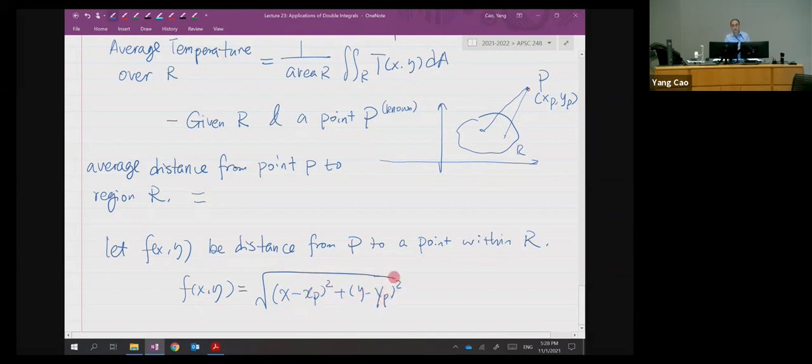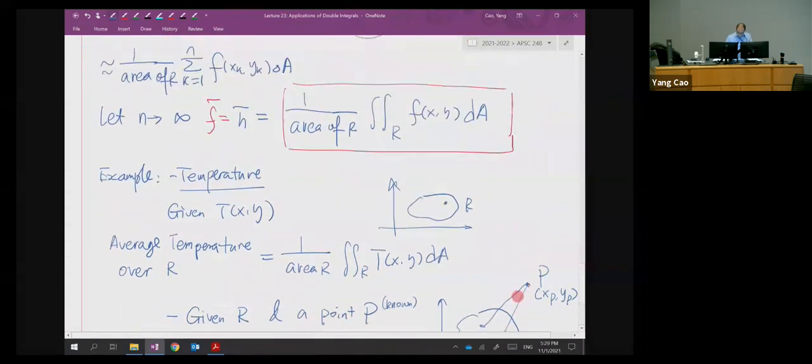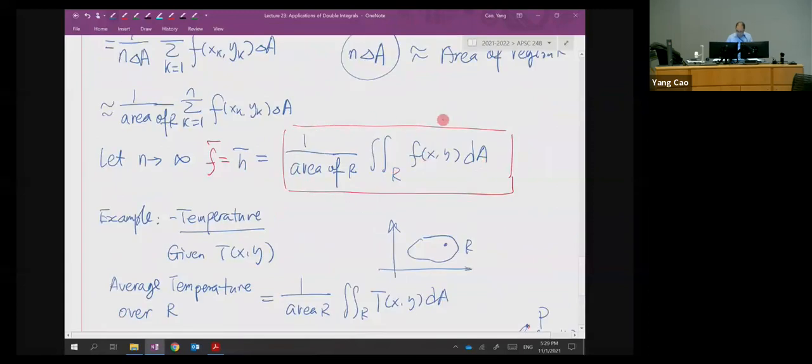That's how you calculate the distance between two arbitrary points. Now, if you're trying to get the average distance from the point P to the region R, then all I need to do is calculate using this formula.